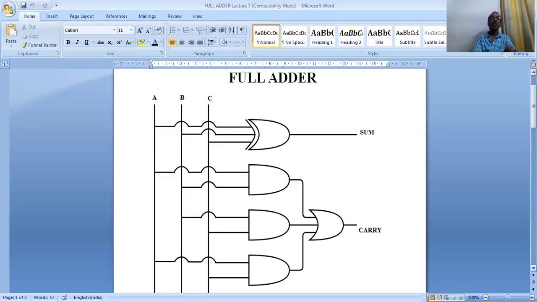Whenever we teachers are assessing the paper, we will see in the same place that the AND gate is there. In the place of OR gate, where the carry output is obtained, OR gate is there.